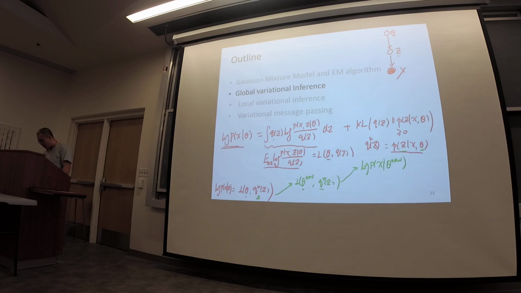Because the lower bound reaches the log evidence if and only if you choose Q of z to be the current true posterior. Otherwise, you're always less than the log evidence. So now we can see that by only optimizing the evidence lower bound, I have increased the true log evidence. That's the key idea of the diagram.